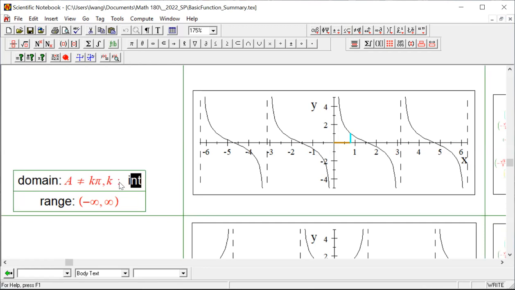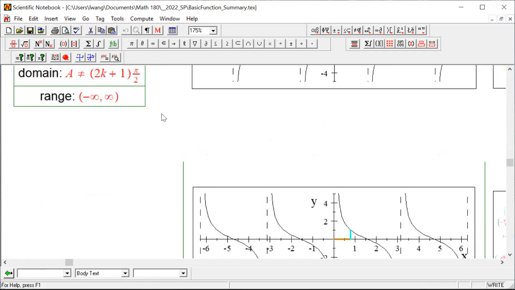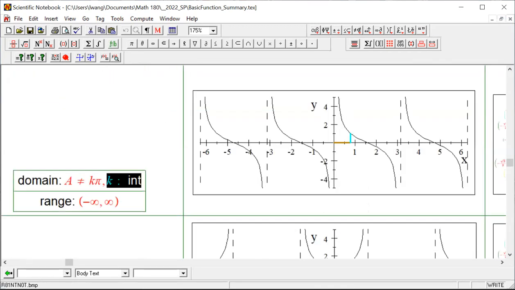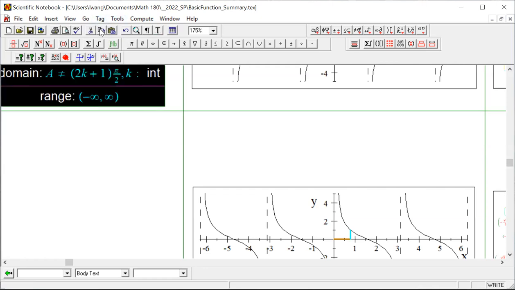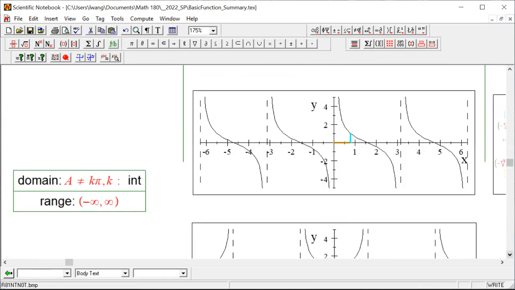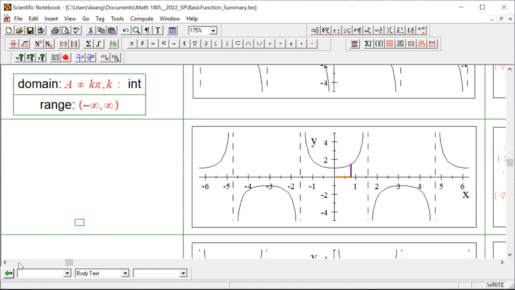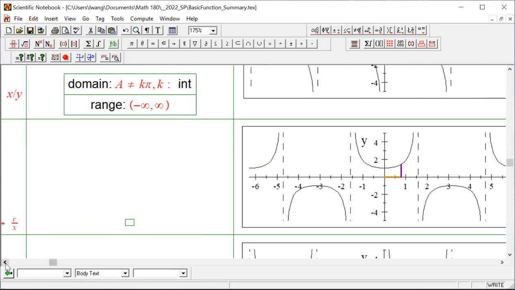So we specify that K. Let's see, where's my tangent? Right, so right here. K is any integer. So these are about the domain and range of cotangent and tangent.